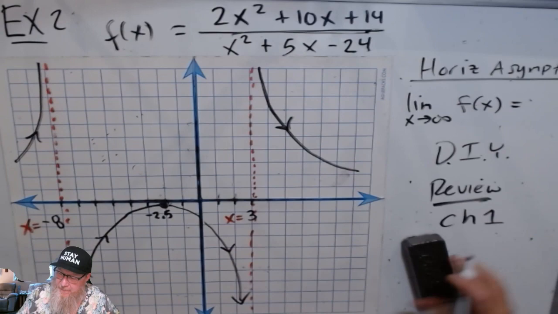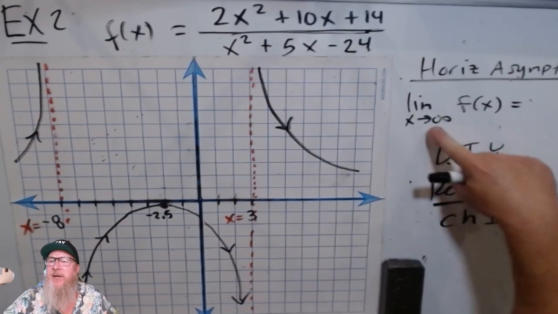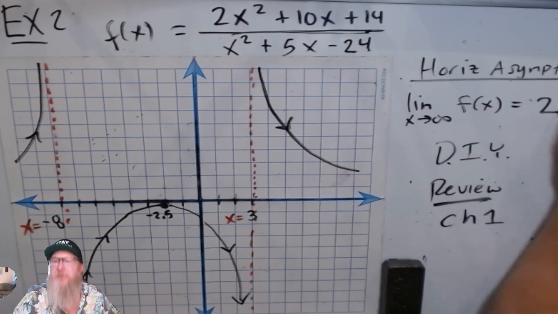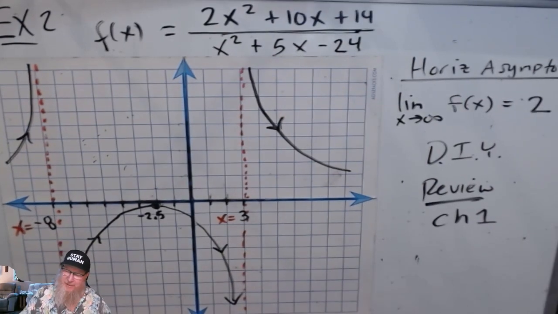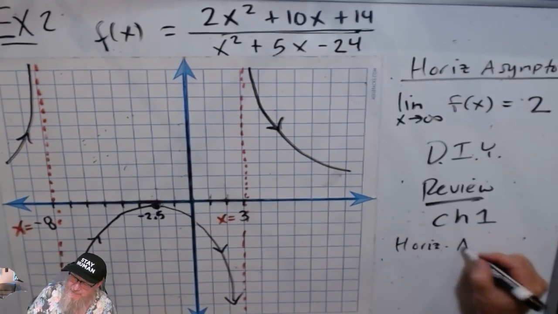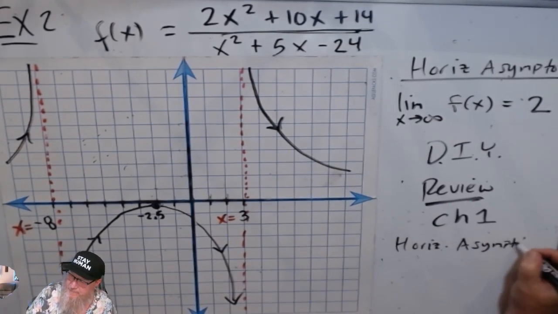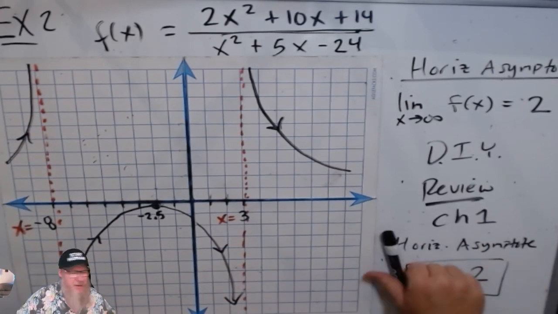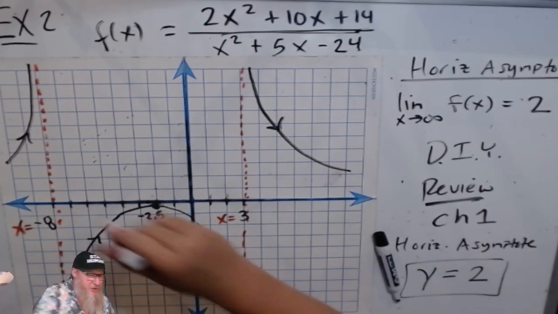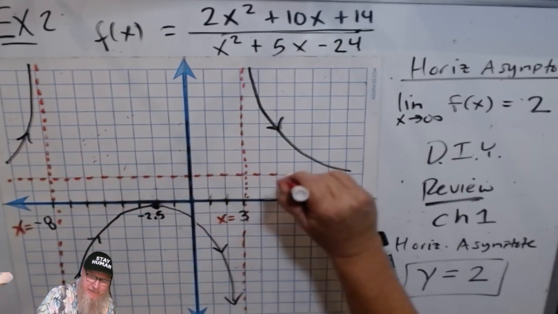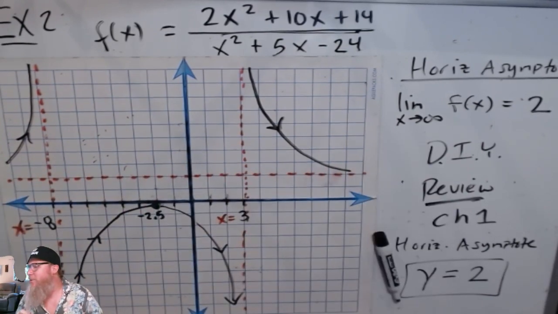Chapter 1. The limit as x goes to infinity of this function is 2. So the horizontal asymptote is y equals 2. So one last touch, we're going to put a dotted line passing through y equals 2.